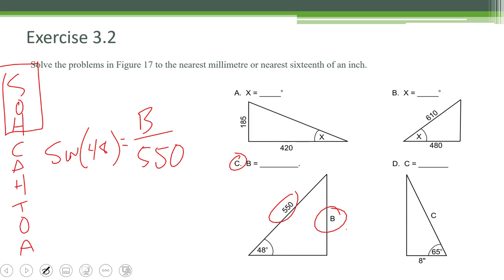Okay, so if I'm trying to find the one on top, then I just multiply those two together. So I'll go 48 sine times 550, and I should get 408.729654. So again, I'll just round up and say it's 409.